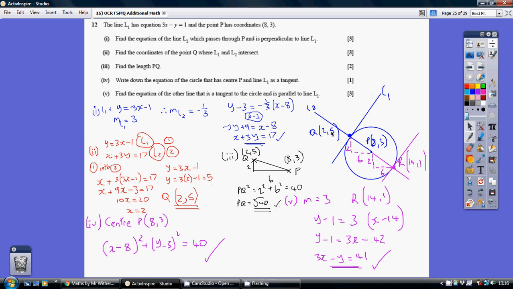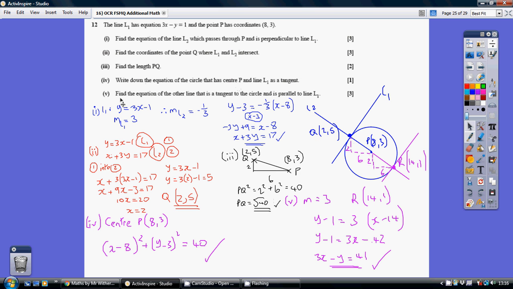So we've got a centre at (8, 3), and a radius being the length PQ. Remember the equation of a circle is (x minus 8) all squared plus (y minus 3) all squared equals the radius squared. The radius squared is 40, because PQ was root 40.